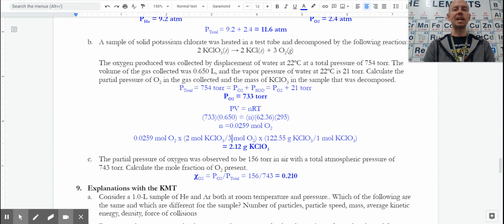The last one here is just kind of practicing mole fraction. Mole fraction is technically a unit of concentration, but we don't use it for a lot of different things. It is most useful in its connection to Dalton's law, where we're looking at a total pressure and a partial pressure of a specific gas. So the mole fraction can be multiplied by the total pressure to get a partial pressure, or if I've got the partial pressure and total pressure, that allows me to get my mole fraction.